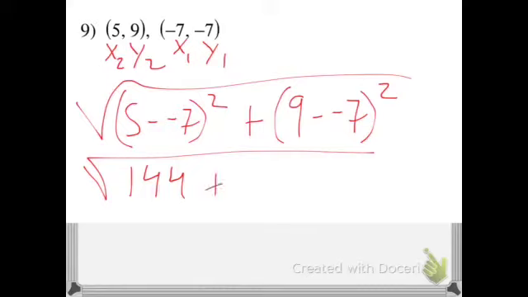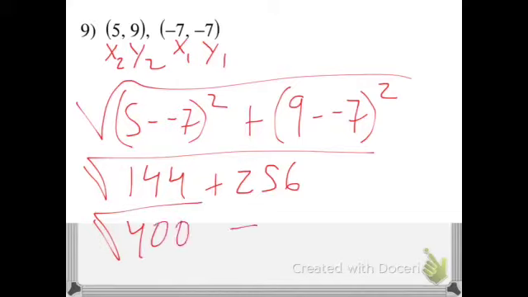That's going to give you 256. So 144 plus 256 is going to give you 400, and you need to take the square root of that, and that one is actually equal to 20, so you just write equals 20 for that.